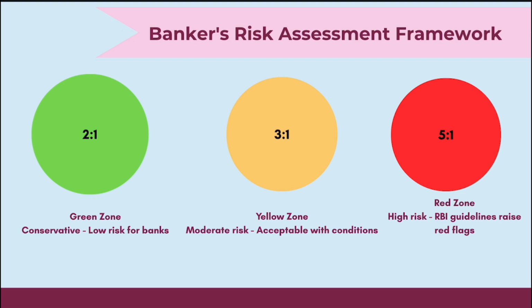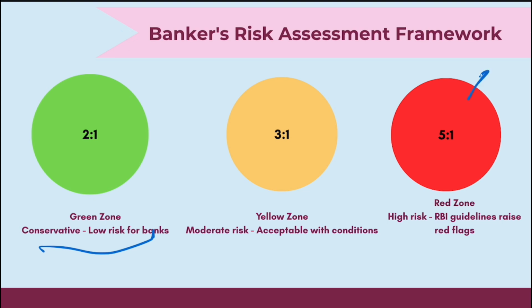Now let's understand the banker's risk assessment framework. If the ratio is 2:1, it is green zone from the banker's side, these are conservative projects and low risk for the bank, and it will easily finance them. If this ratio is 3:1, these come in yellow zone, and banks say this is moderate risk, and these are acceptable to banks with some condition that you cannot withdraw your capital during the tenure of the loan.